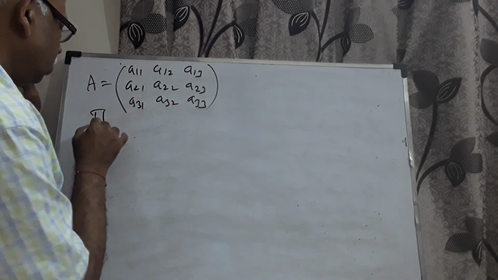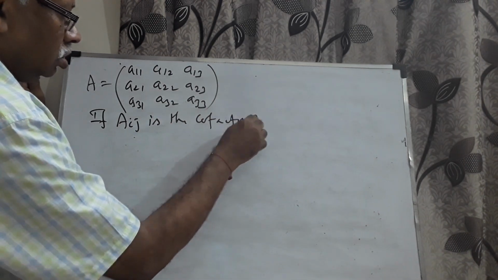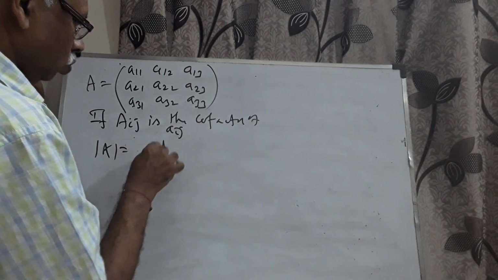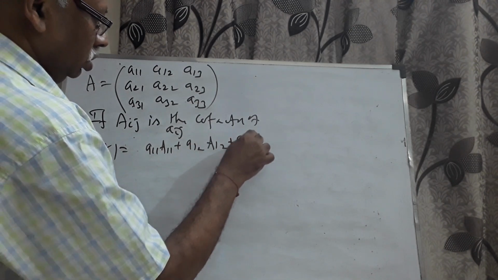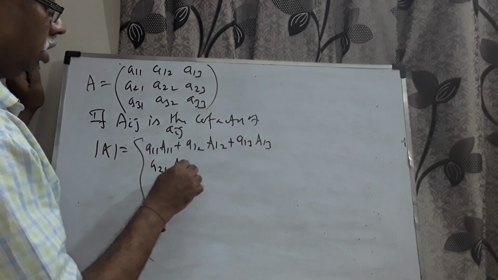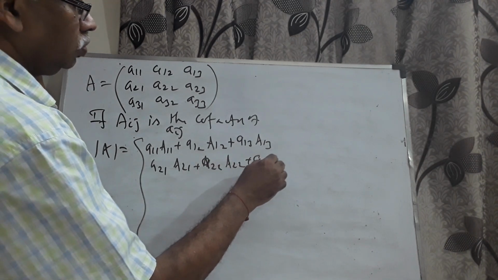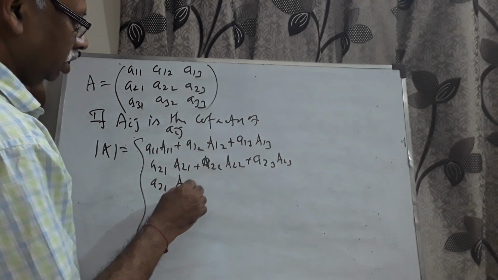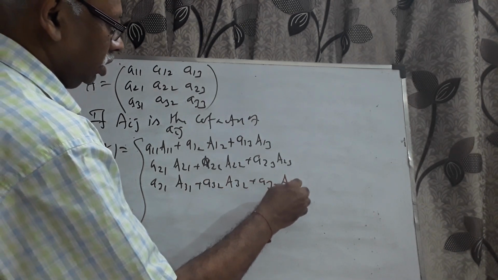Therefore, if in general capital Aij is the cofactor of small aij, then determinant A has 6 different ways. A11 into capital A11, plus A12 into capital A12, plus A13 into capital A13. Then A21 into capital A21, plus A22 into capital A22, plus A23 into capital A23, or A31 into capital A31, plus A32 into capital A32, plus A33 into capital A33.